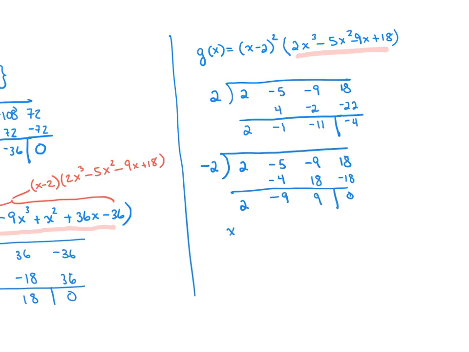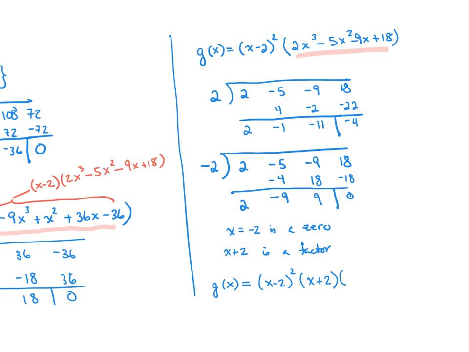So, x equals negative 2 is a 0. That means x plus 2 is a factor. So now we've said g of x equals x minus 2 quantity squared times x plus 2.